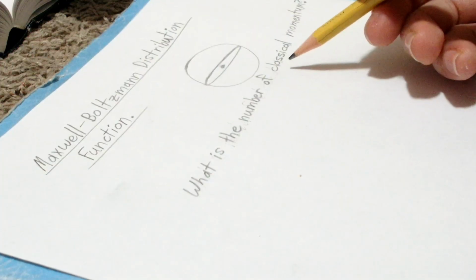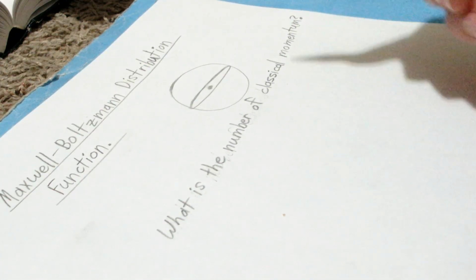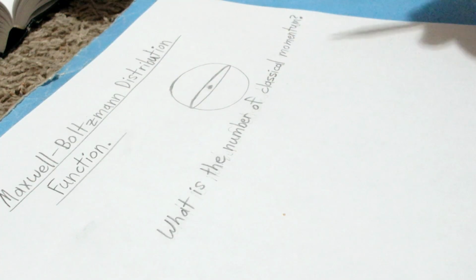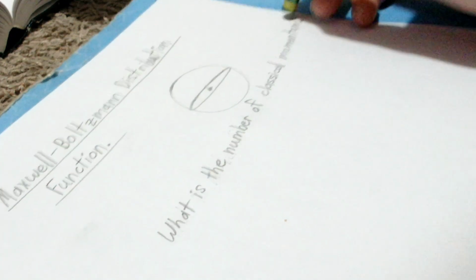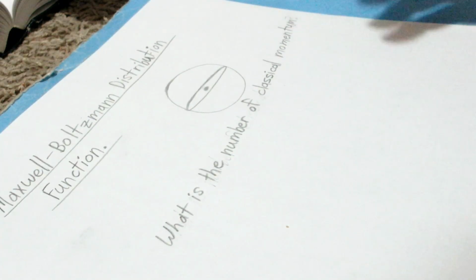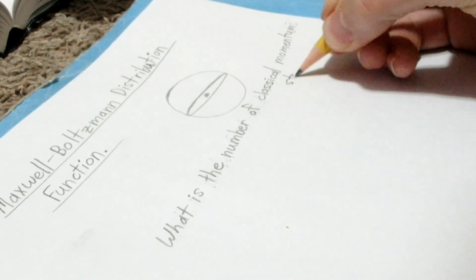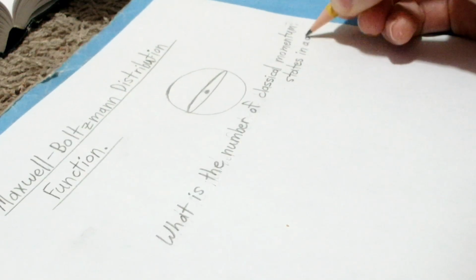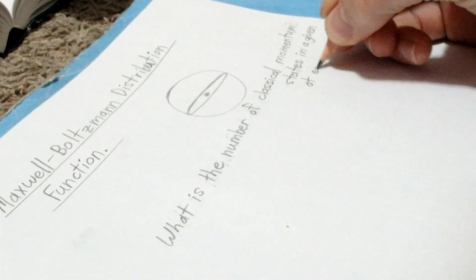We can also use the same distribution function and look at what is the number of quantum momentum states. But here we're looking at classical, and we're going to look at what is the number of classical momentum states in a given system at equilibrium.